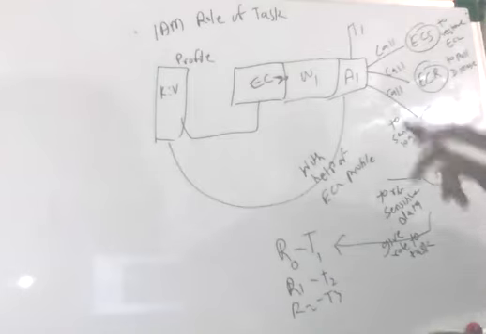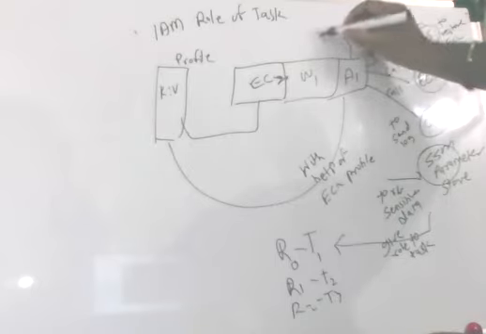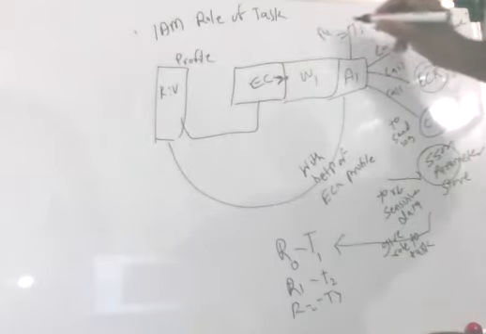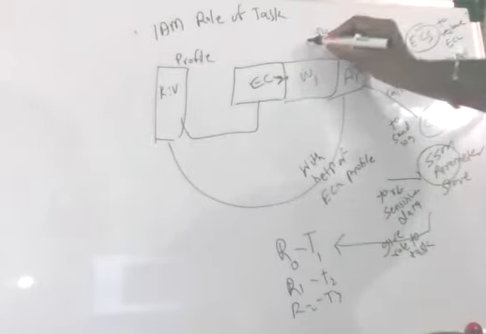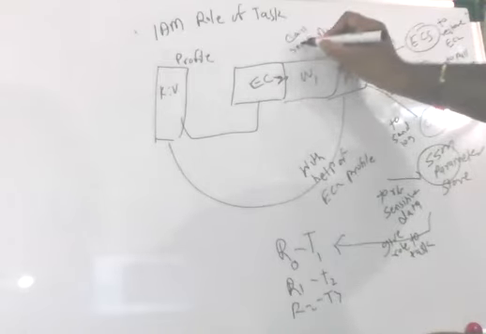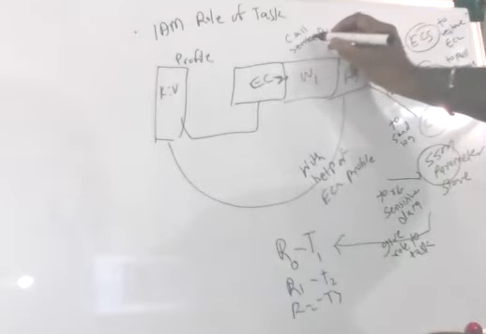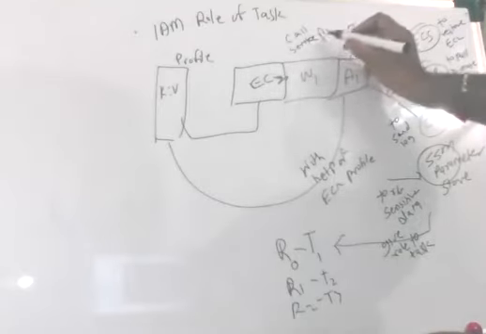And why are these roles important? Because this task has some role, let's say R1. Based on that R1 only, it can call a service.